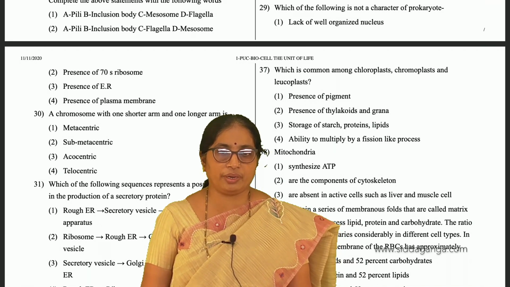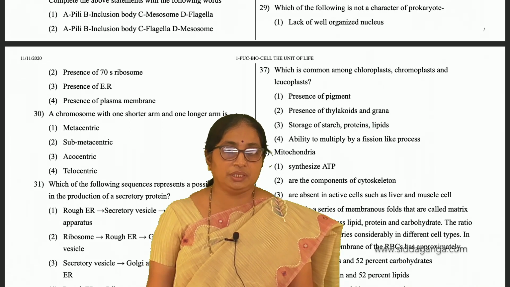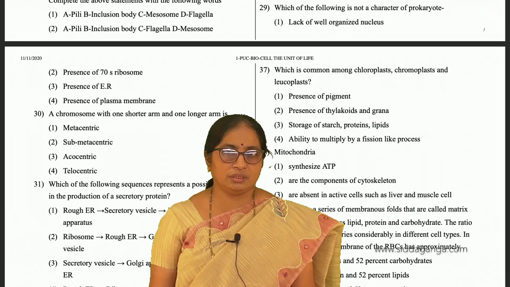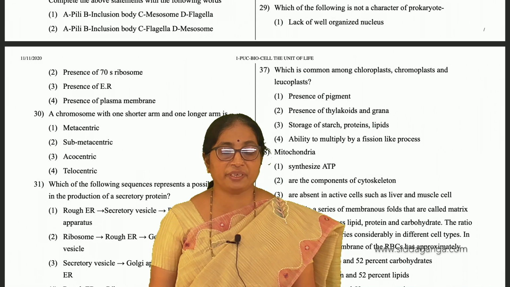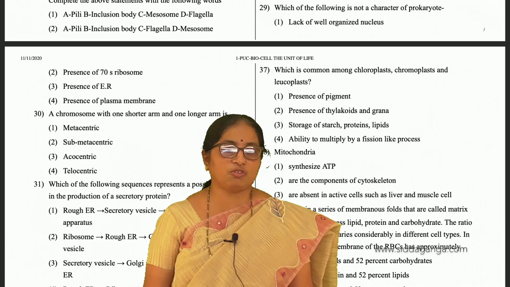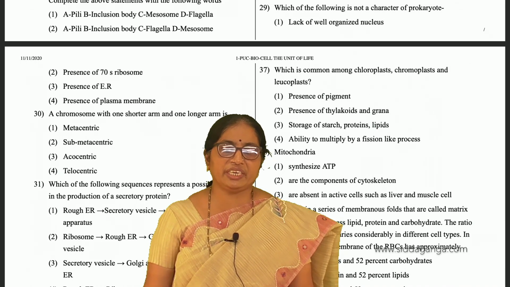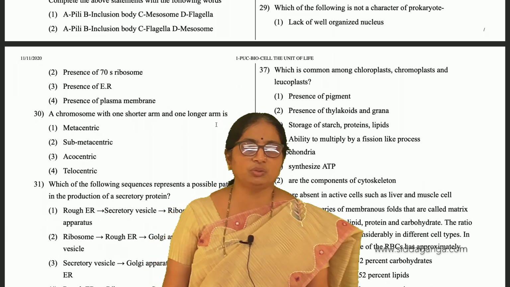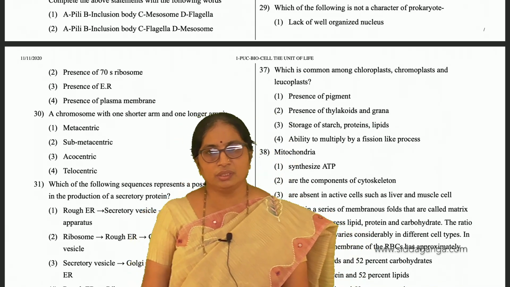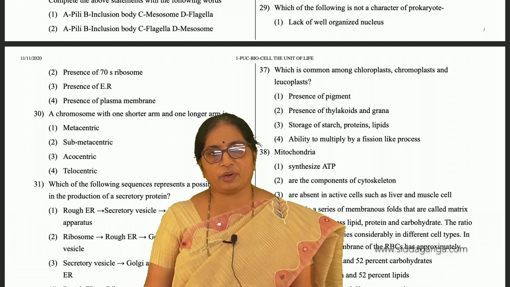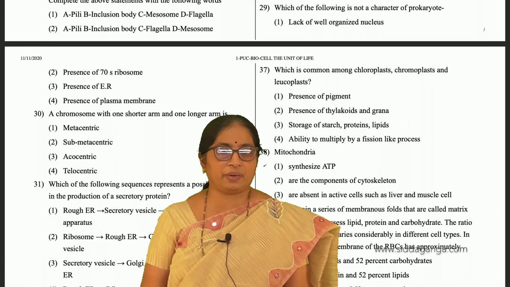Presence of 70S ribosome is a character of prokaryote. Presence of endoplasmic reticulum: almost all prokaryotes do not have any membrane bound organelles. So presence of ER is not a characteristic of prokaryote. And presence of plasma membrane: of course, prokaryotes have a plasma membrane.